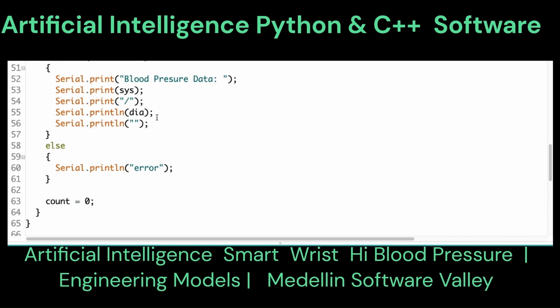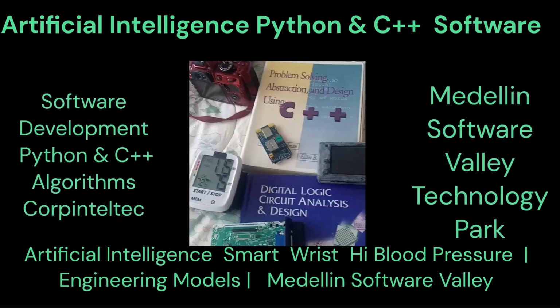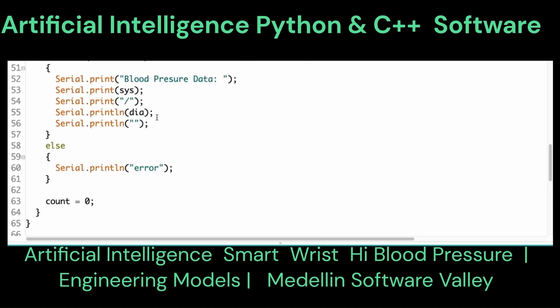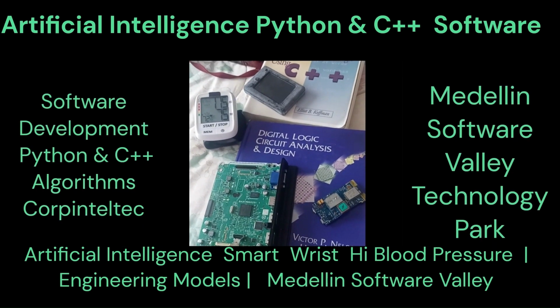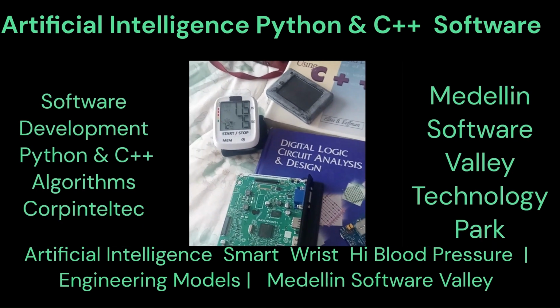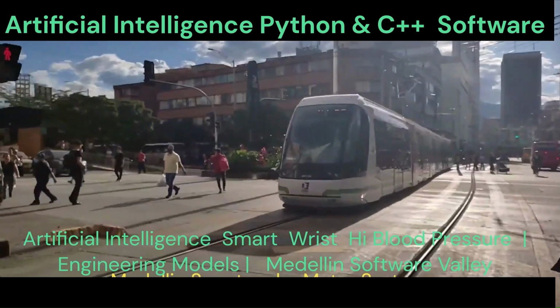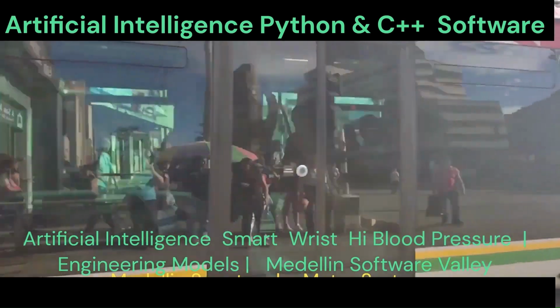And then lines 52 through 61 of the software module will print the desired data and the measurements from the blood pressure unit. And that's basically the software methodology. It's not extremely difficult.